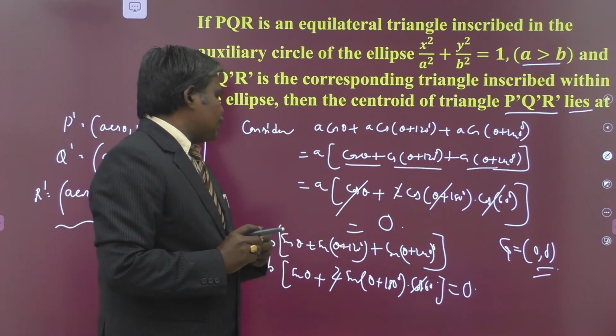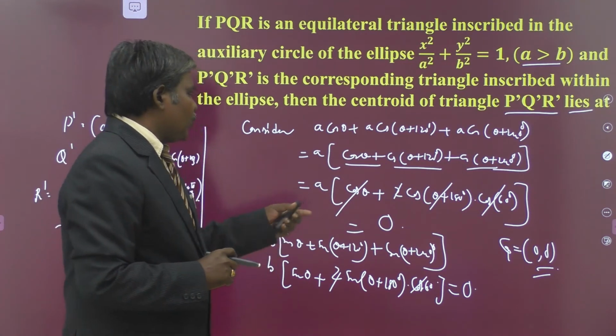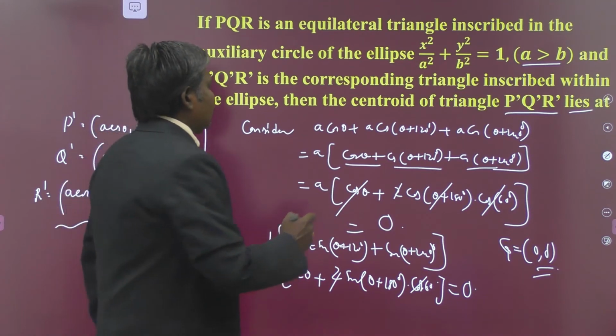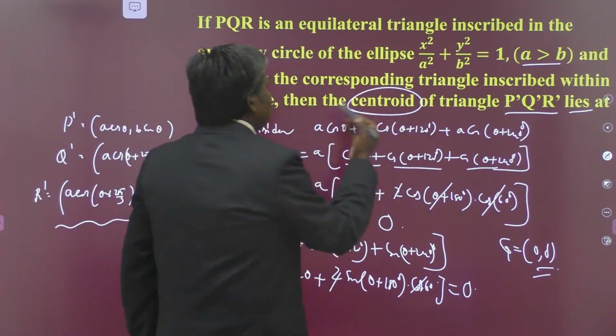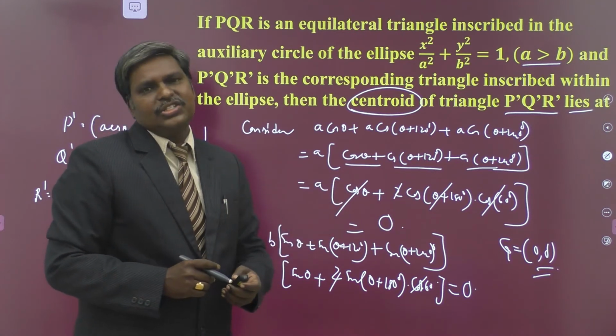Similarly, sin(theta plus 120) plus sin(theta plus 240) is also 0. With the help of these two concepts, we can crack that one as the centroid of the triangle is (0, 0). Okay.